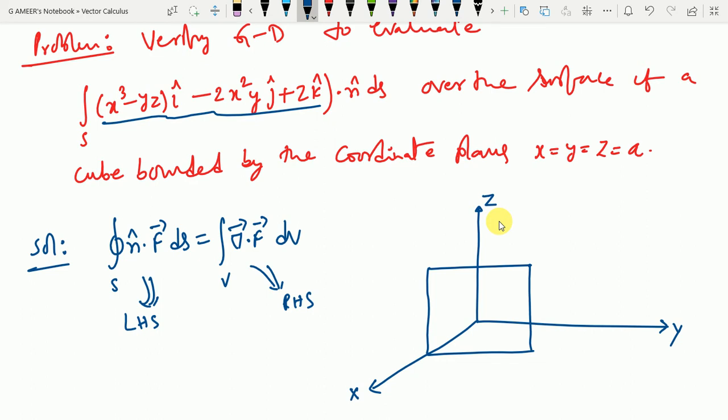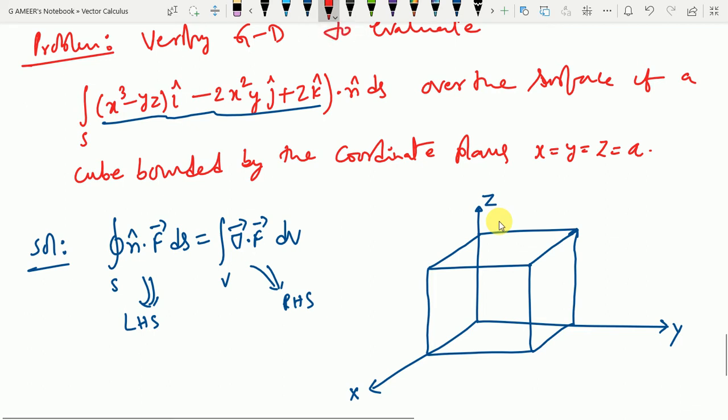This is like this. Okay, so this is the cube.